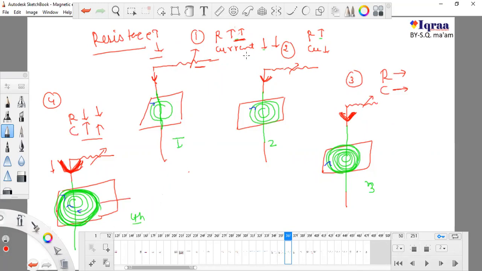In this case the current is very much less, so you can see the magnetic field lines produced are fewer, because it is a very weak electromagnet. But in this case we are providing a very high amount of current, so it is a very powerful electromagnet, and that's why it is forming so many circles of electromagnet. This is how this case is working.